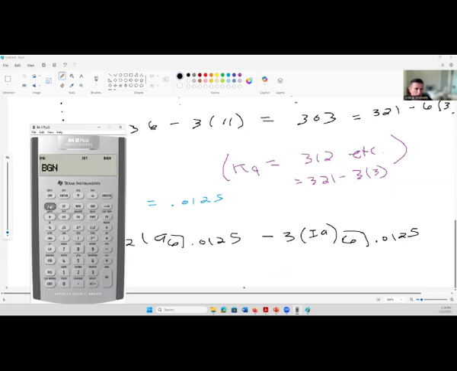So let's get out of begin mode. 321 payment, 6 N, 1.25 interest, compute present value.